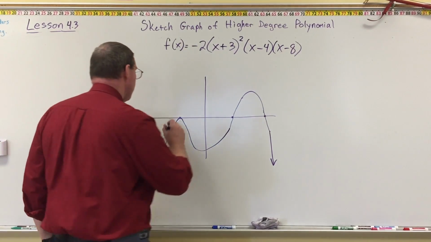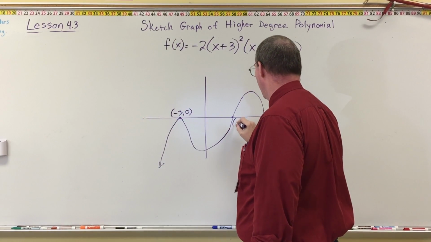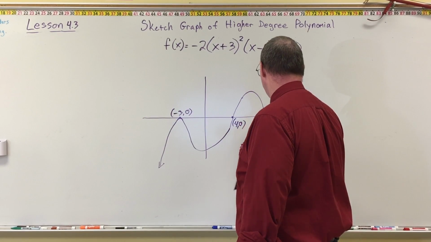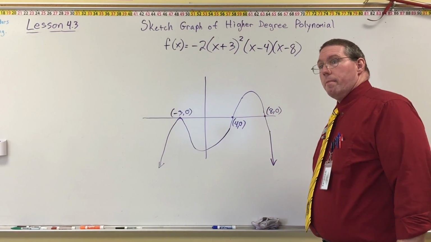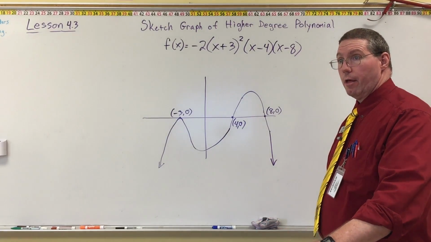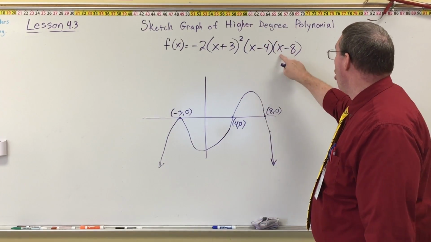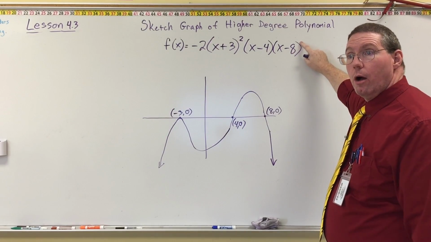So you cross over 8 and 4 when you did kind of like a cross. Yep. Why did you cross it? I crossed over because the power on the factor, what number is here? 1.